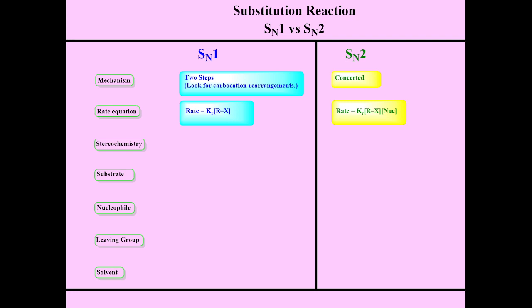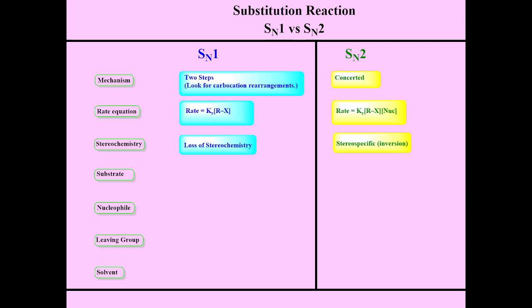Then we talk about the stereochemistry. In the SN1 reaction, a carbocation intermediate is formed, and the nucleophile has the option to attack the carbocation, which is planar itself, so it can proceed either way and we lose the stereochemistry of the substrate.